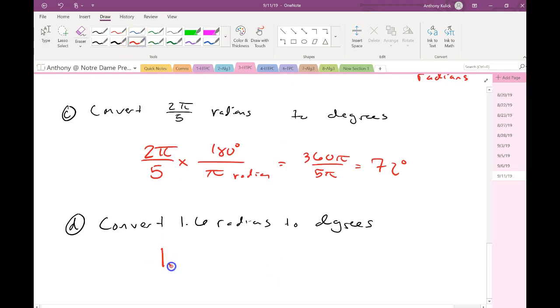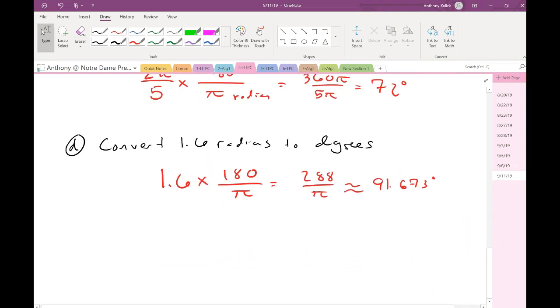Again, ostensibly, nothing's really going to change between this problem and the previous one. I'm still going to multiply by the conversion factor of 180 over pi. That gives me 288 over pi, which gives me about 91.673 degrees when I type that into my calculator.